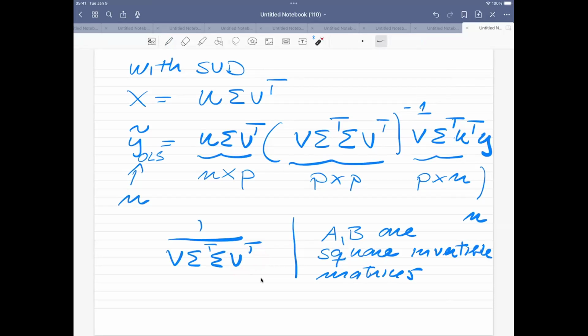That is a matrix you can invert. Sigma transpose times sigma is a square matrix, and it has only diagonals which are non-zero. So this is also invertible. There's no problem with inverting it. So if we do that, then there's a result which says that the inverse of A times B is equal to B inverse times A inverse.